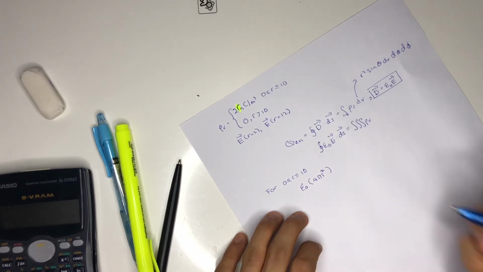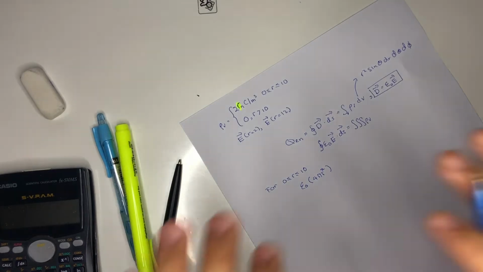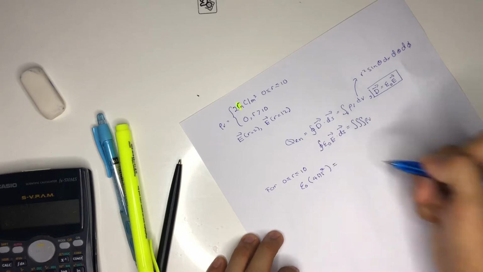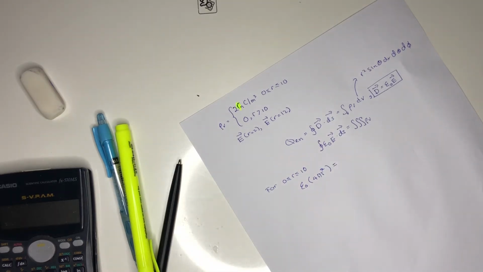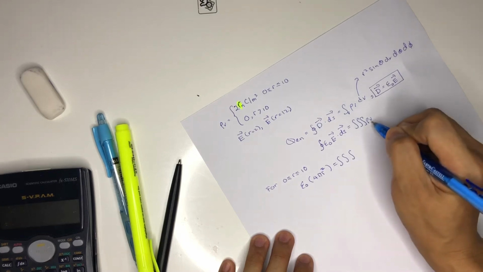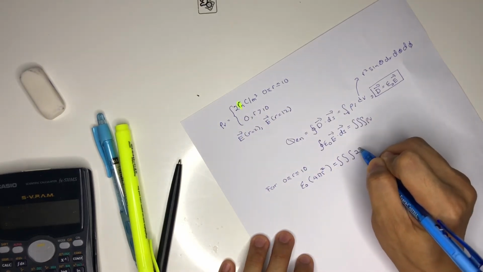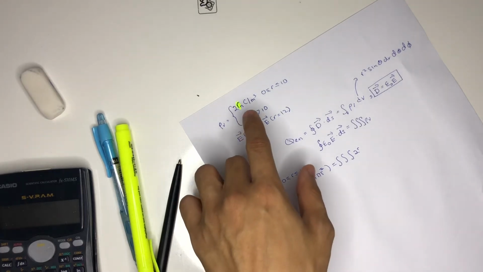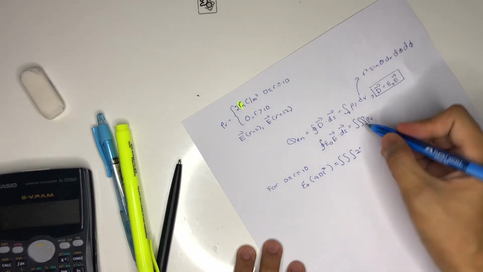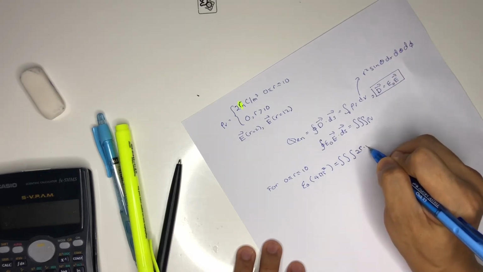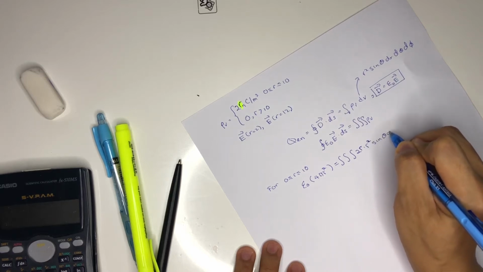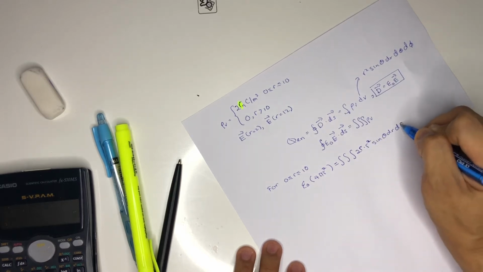Your surface, your Gaussian surface. Then you put here, what is your rho v? It is 2r nanocoulomb per meter cubed. Don't forget there is nano here. Then you put your r cubed, r squared sine theta dr d theta d phi.